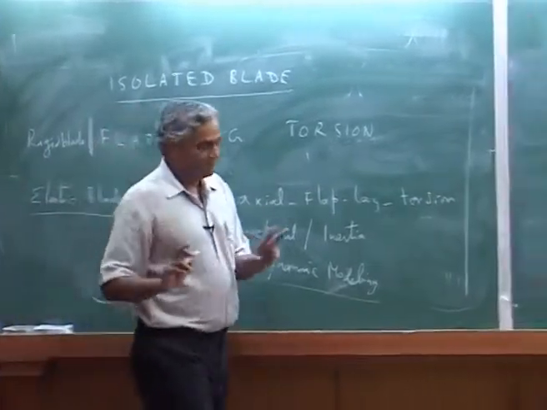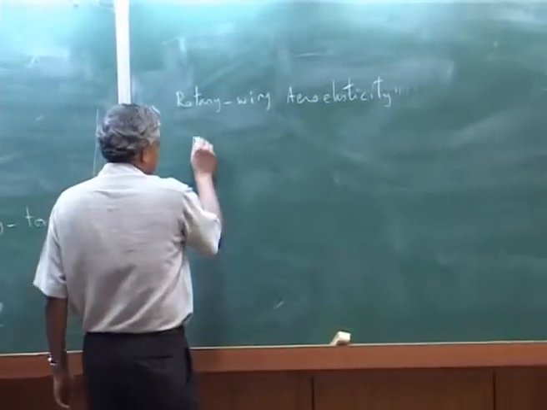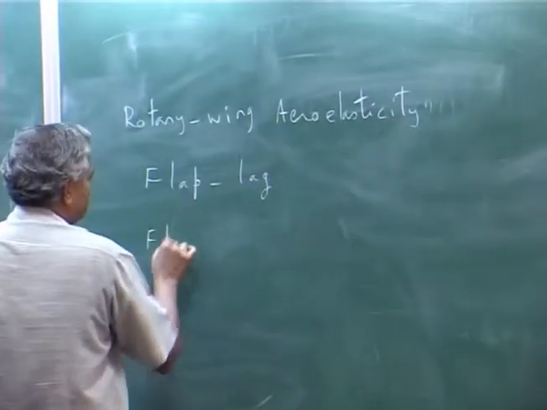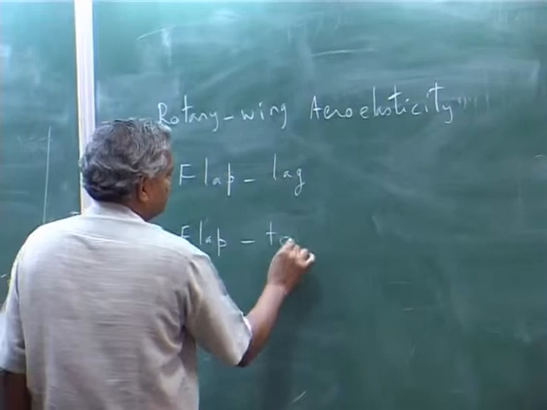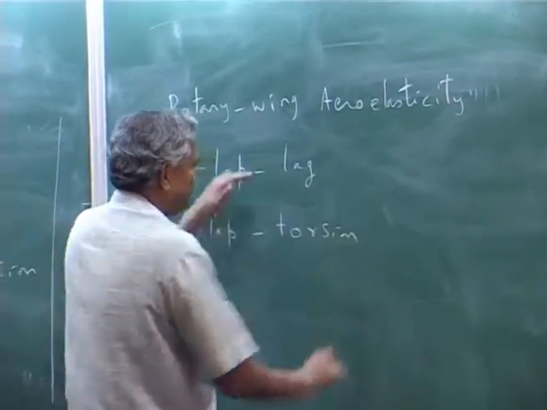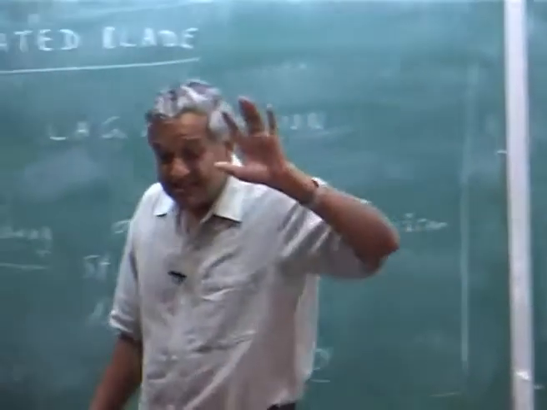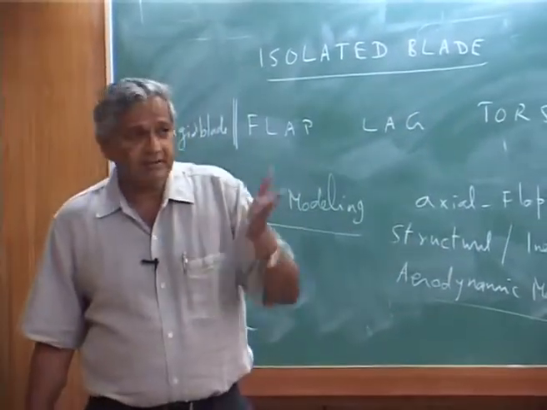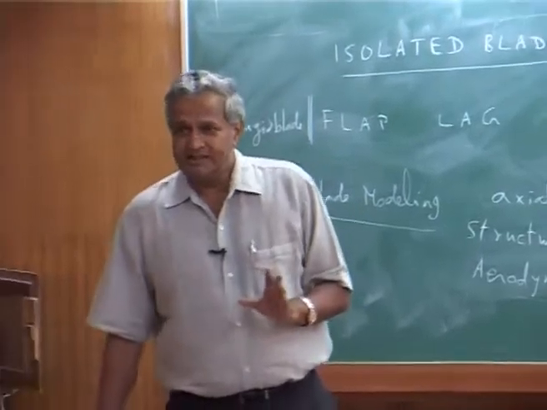So the flap lag problem and the flap torsion problem: these two problems were treated initially. That is one line, because people wanted to understand when the blade will go unstable, etc.